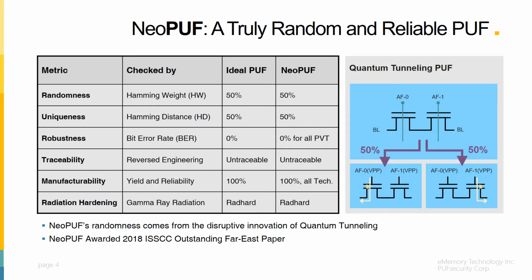Here, let me introduce and recall the Neopath technology of Ememory again. Ememory announced Neopath technology at 2018 ISSCC. By using the design of two MOS capacitors and the quantum tunneling competition, the device coin with entropy was invented.